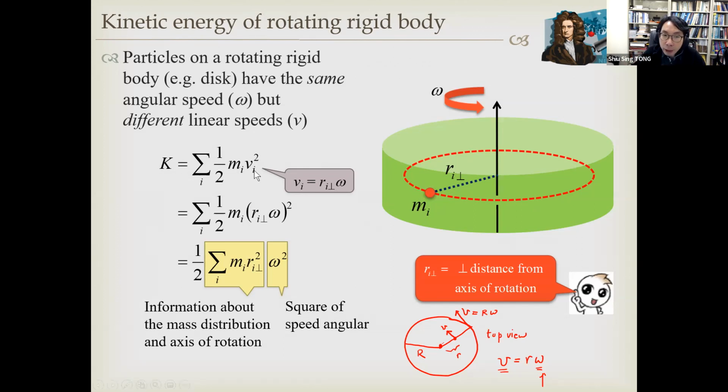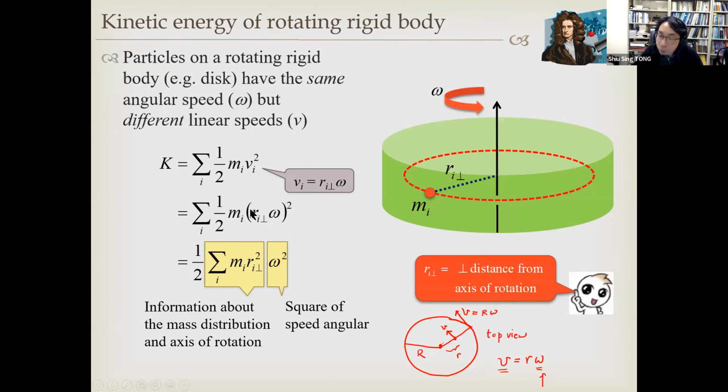So if I replace v_i by r_i perpendicular omega, it becomes something like this. You notice that for the omega, I do not specify the i, because all the particles have the same omega. So I don't need a subscript to specify which particle's omega, right? So omega is a constant for the motion. It does not depend on i, okay?